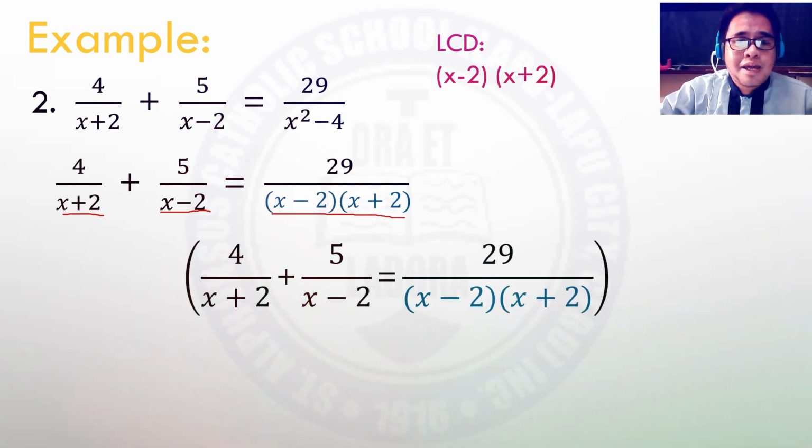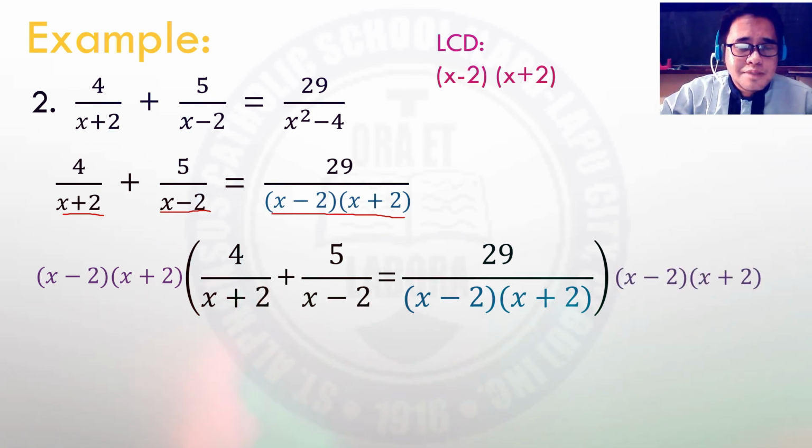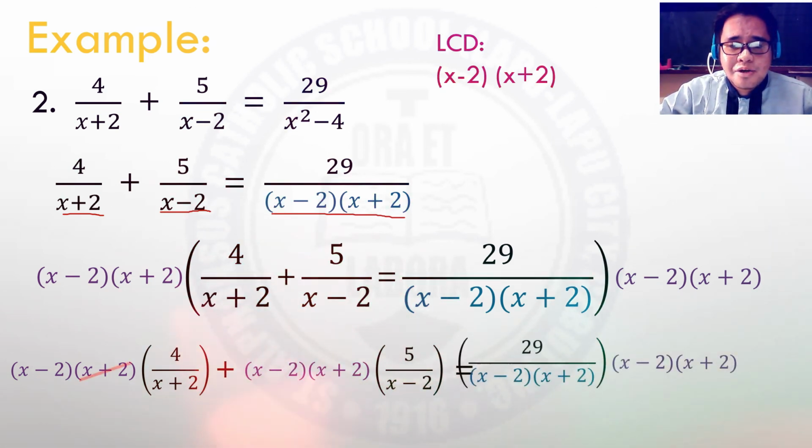So we can rewrite this equation and multiply both sides of the equation by x minus 2 and x plus 2, after which it can be written in this form. So please be guided on this. Simplify them further by canceling out x plus 2 in our LCD and the denominator here.